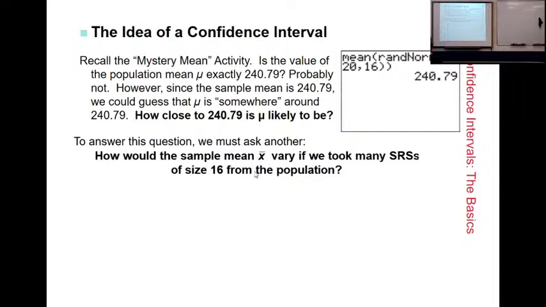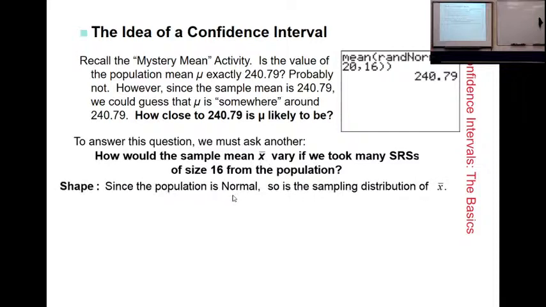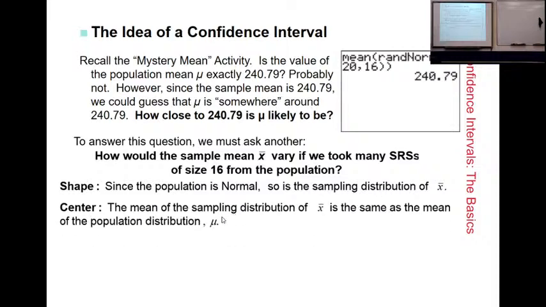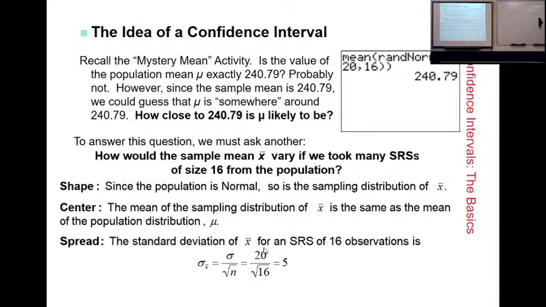How would the sample mean vary if we took many simple random samples? Well, we talked about this in the last chapter. We're assuming that that mean is somewhere close to the mean of the population. And then standard deviation, we know this formula. It's standard deviation divided by square root of n.